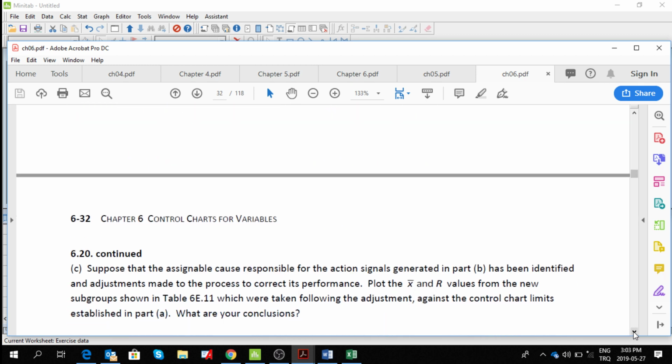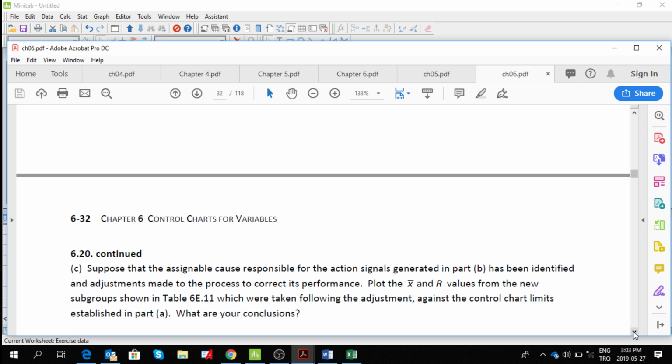Next question is, suppose that the assignable cause responsible for the action. So there's a problem in our data set. Elements are out of control, so there's an assignable cause that's responsible for this. Let's say we were able to identify this assignable cause responsible for these out of control points, and assume that adjustments were made to the process to correct its performance.